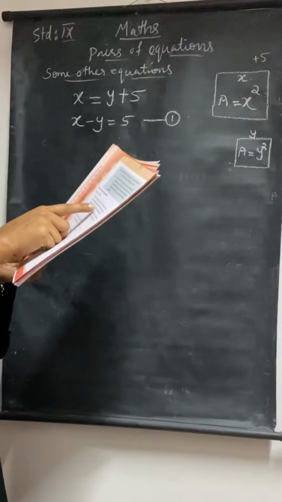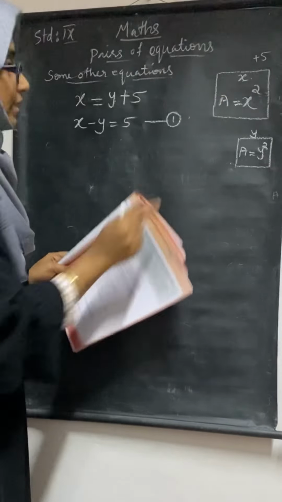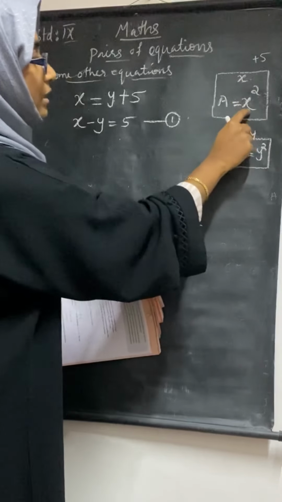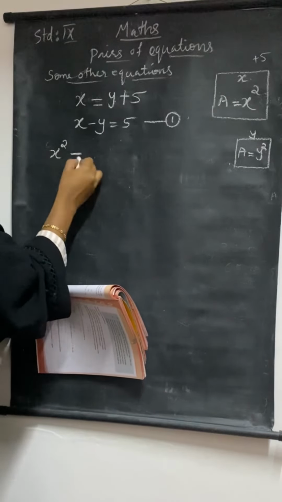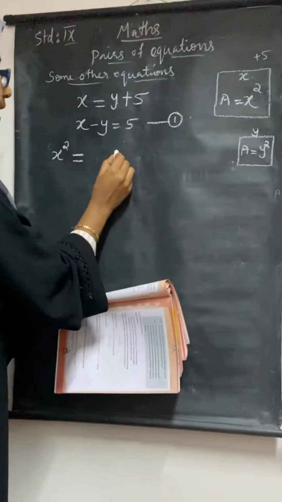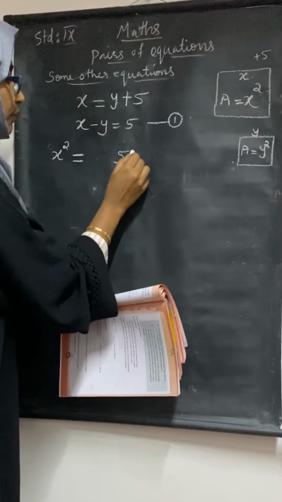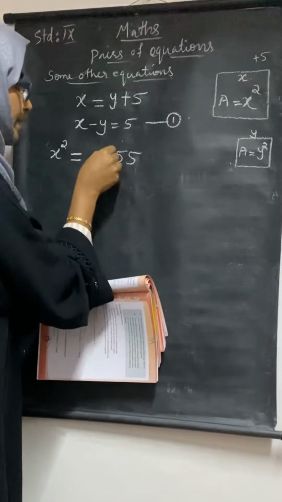What did they tell now? The area of the larger, we will make it into an equation. This is the area of the larger, so x square is equal to, the area of the larger is 55 square centimeters more than the smaller. 55 square centimeters more means always addition.